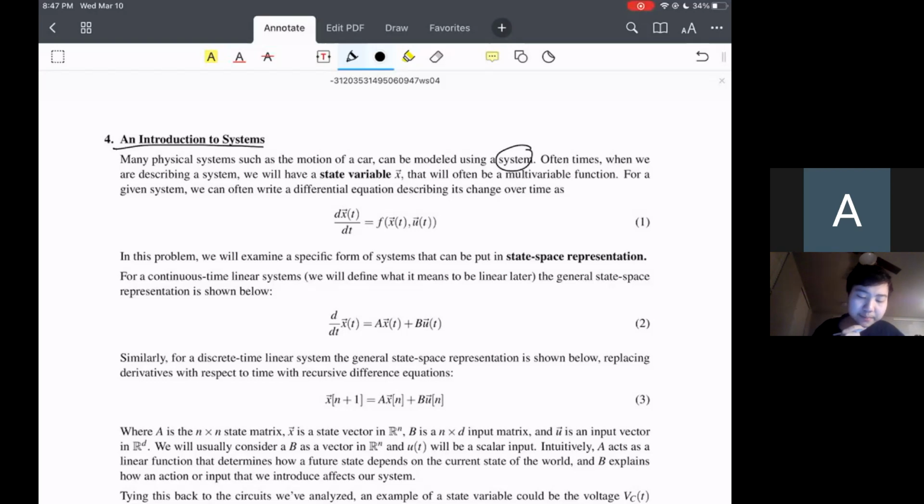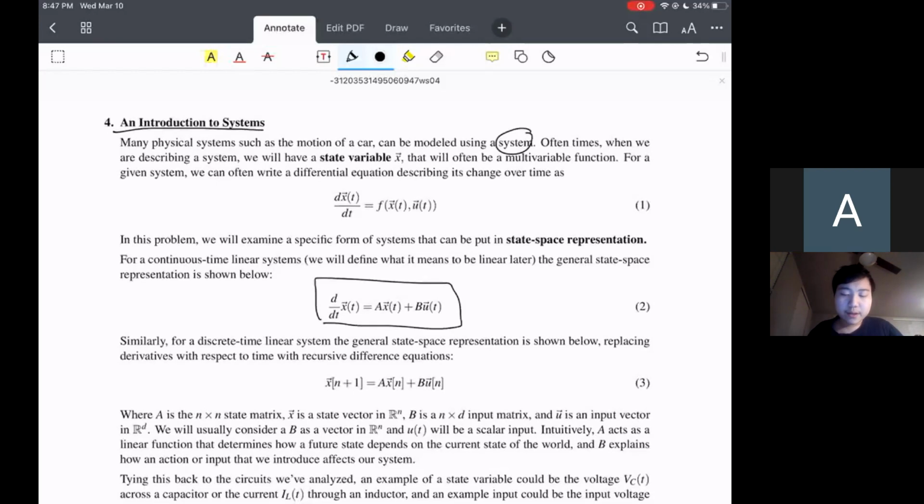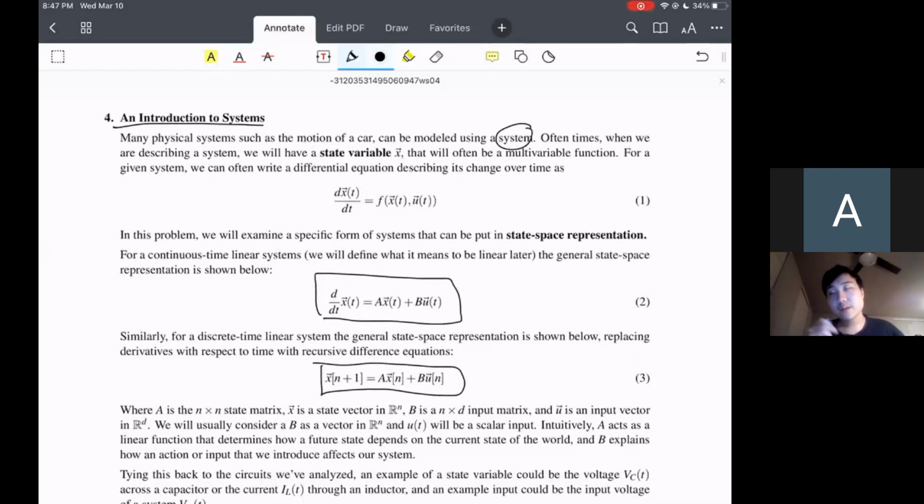For a continuous time linear system, the general state space representation can be written as d/dt x of t being equal to A x of t plus B u of t. In the discrete time system, we're just going to be using recursive difference equations instead of differential equations, writing x of n plus 1 being equal to A times x of n plus B times u of n. So in either case, A and B are matrices, right?